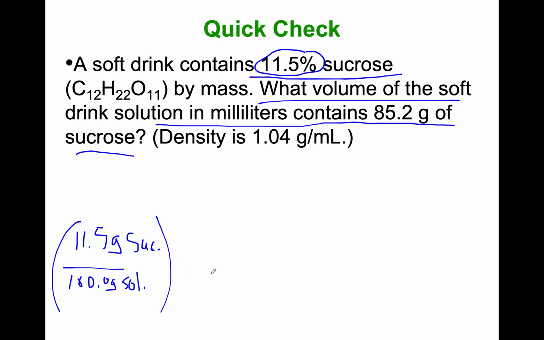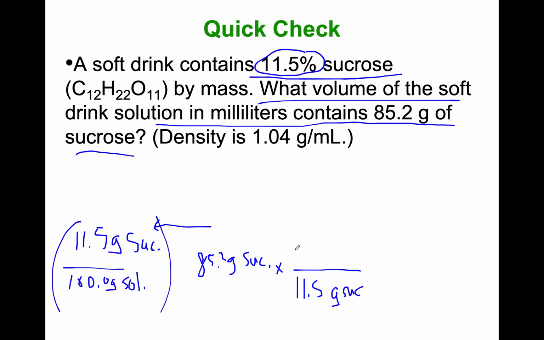So we need to see where we're going. If we start with grams, we have lots of grams here, so this is why I really emphasize writing down grams of what? Grams of sucrose. If you have 85.2 grams of sucrose, then you have to cancel grams of sucrose. So that's 11.5 grams of sucrose.